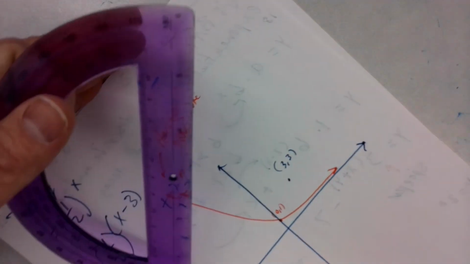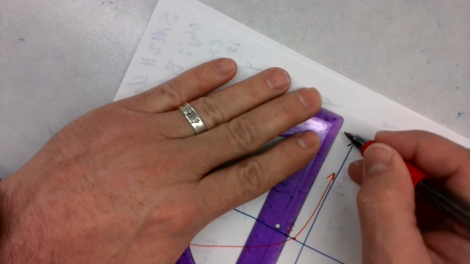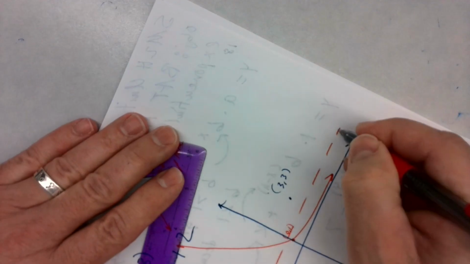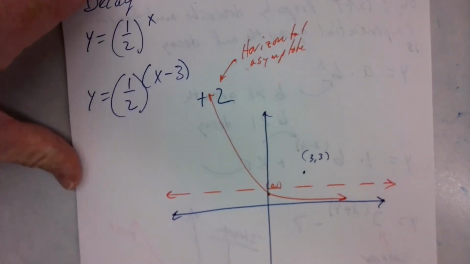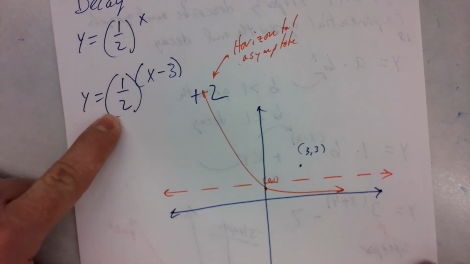Okay? So, right here, got my horizontal asymptote. Now, my base is the same, so my steepness would be the same.